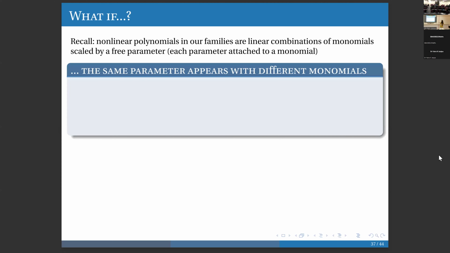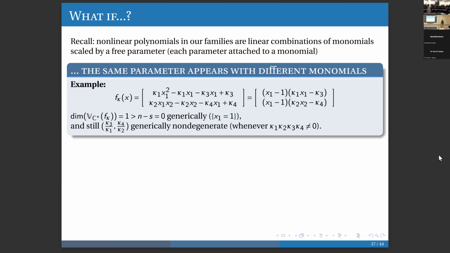But first, let me tell you that we are actually using the structure of the polynomials coming from reaction networks very strongly. Because if our system was not like this, if the same parameter could appear with different monomials, then this will not hold anymore. So we can find examples of systems that look similar, but for instance, here, K3 comes with this monomial, but also with this monomial, and K1 with this monomial, but also with this monomial. And then this does not happen.